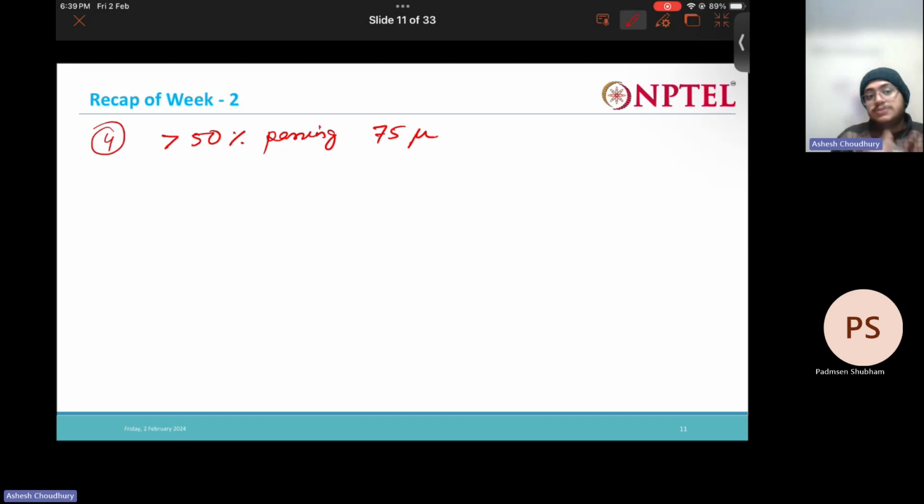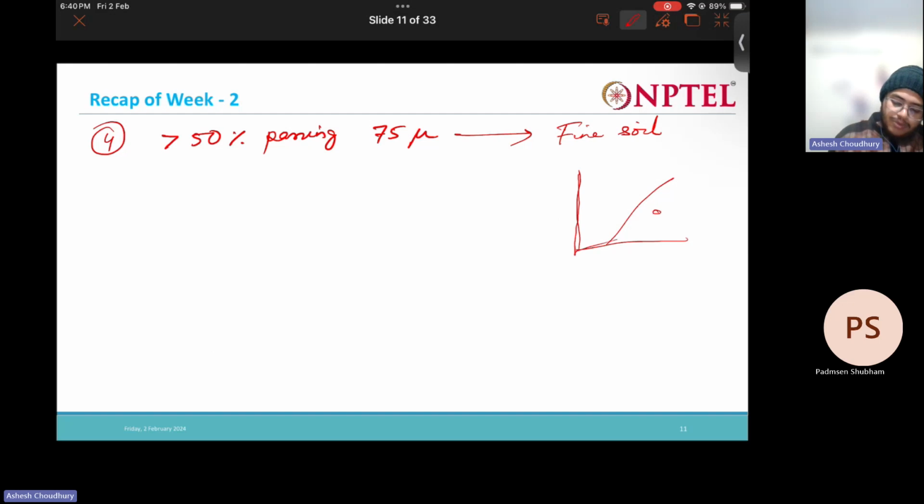That means, as I said, this is fine-grained soil. Now you have to identify whether it is a silt or clay. How will we identify? We have to use this chart, the plasticity chart. If the soil plots below the A line, it will be silt. If it plots above, it will be clay.